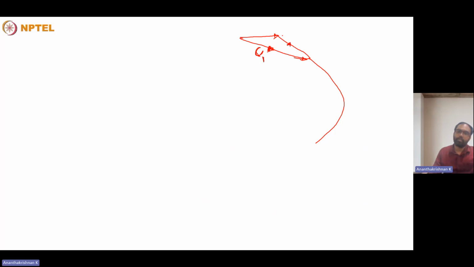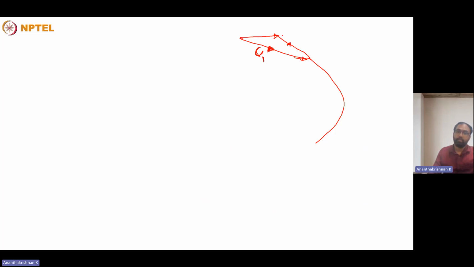The angle which the relative velocity makes with the blade velocity direction, that is the blade angle, can be written as alpha 1.